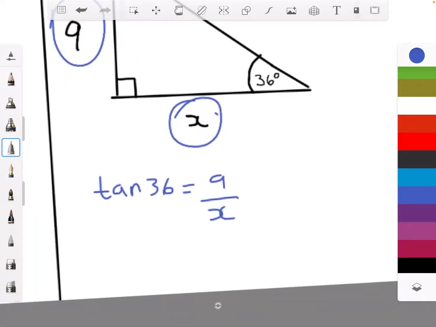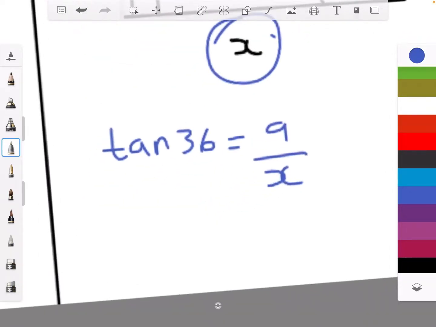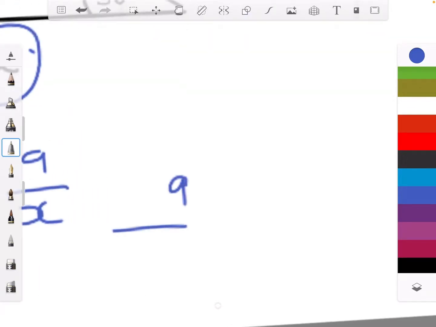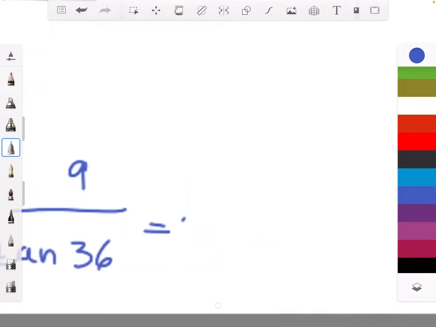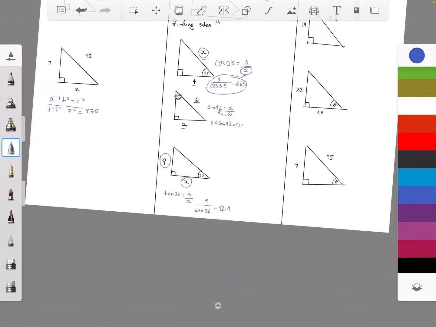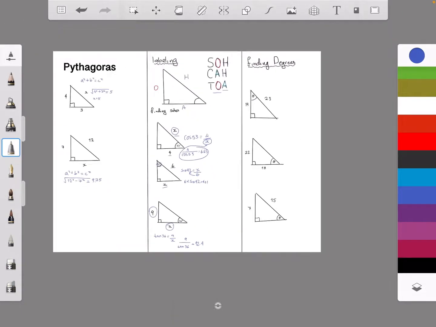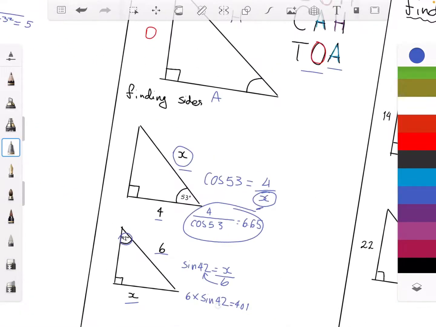So x is the denominator, you have to divide 9 by tan 36. Answer is 12.4. This is how you find your sides.